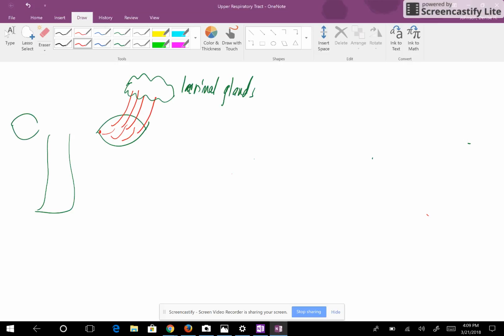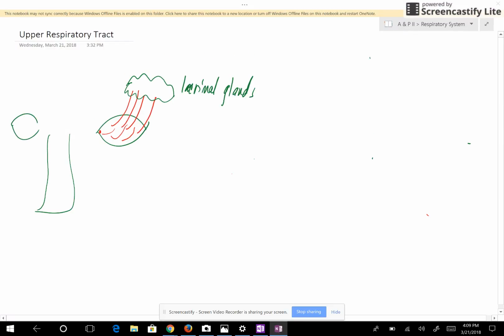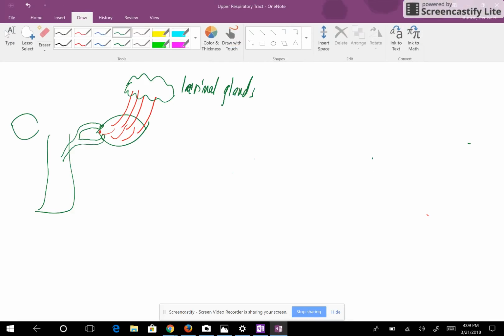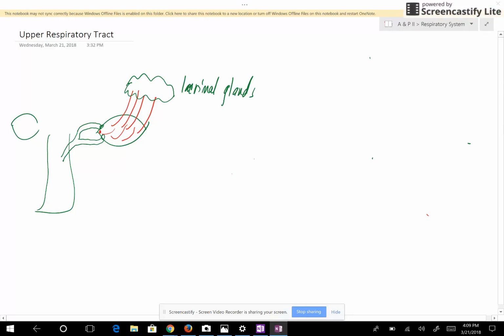And they're going to drain into tubes. The openings to the tubes are called lacrimal puncta. So here we have our tubes. I really wish I had not used green there, but here I'll use blue. These holes here are called lacrimal puncta.